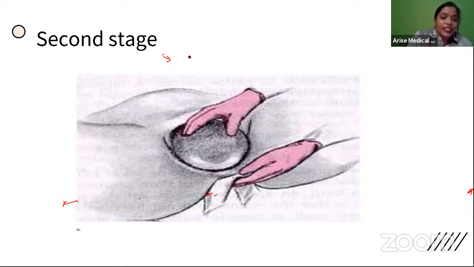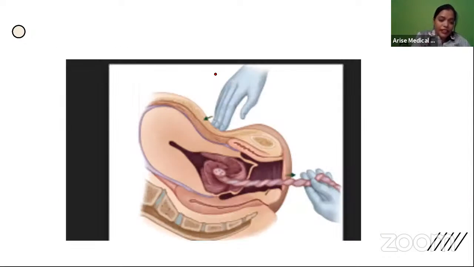This is the second stage, and delivery in the second stage is called Ritgen's maneuver. This is how we deliver in the second stage.